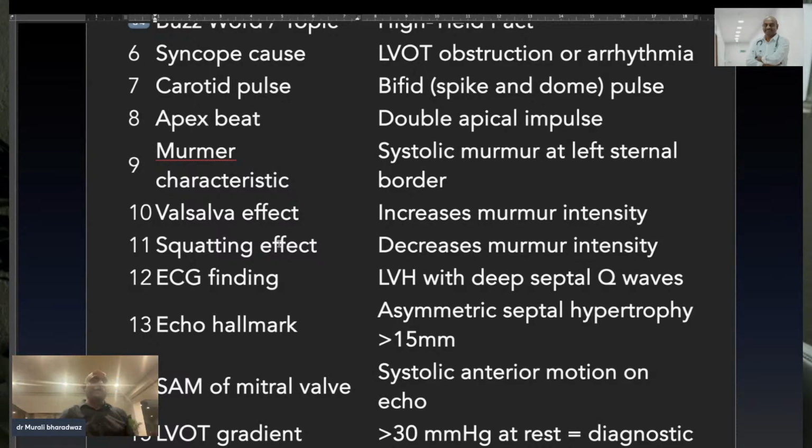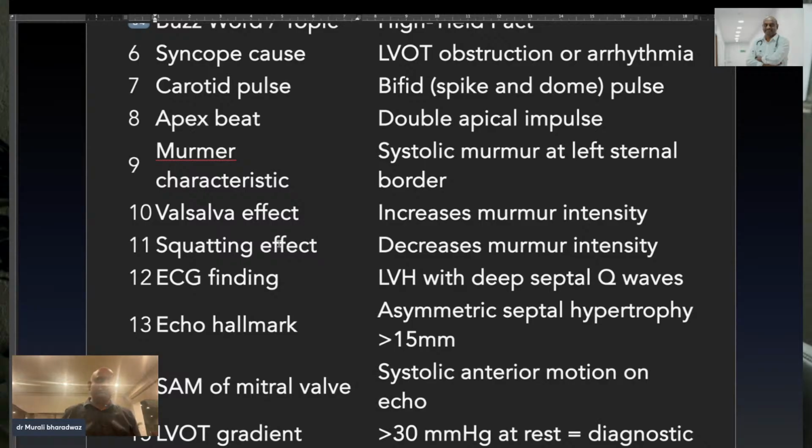Hence, if you give a beta blocker, it will decrease the heart rate, and decreased heart rate will increase the diastolic filling time. That leads to increased filling, increased size of the chamber, and a decreased murmur is what you need to remember.